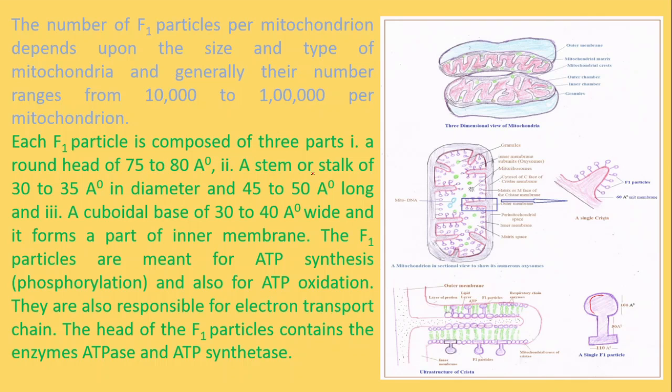Then the second part, a stem or stalk of 30 to 35 angstrom in diameter and 40 to 50 angstrom long. So the diameter is 30 to 35 and its length is 40 to 50 angstrom.